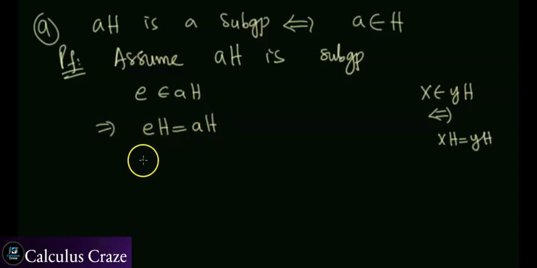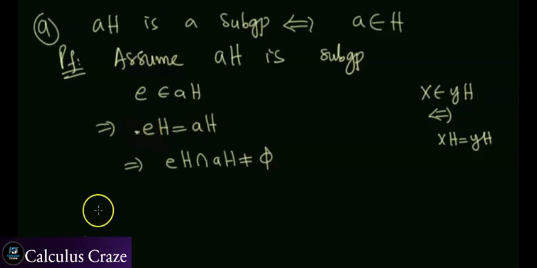And this shows that eh taken intersection with ah must not be empty, right? So there are common elements, right? And we have also seen previously that, but I think here we are also done, because identity times h is h.